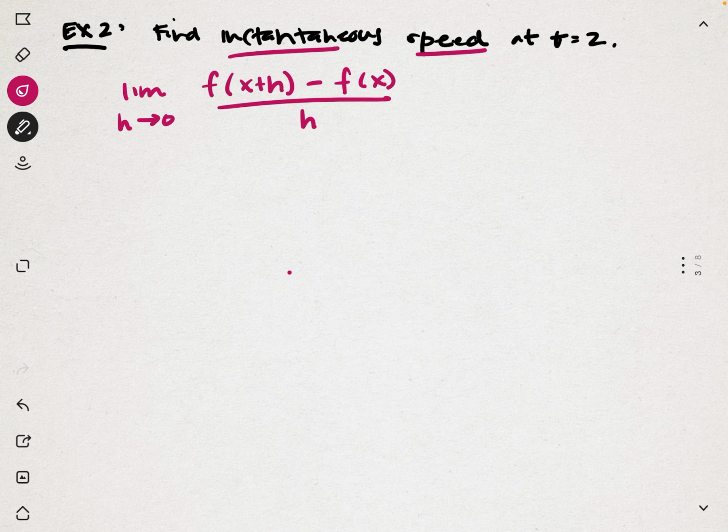All right, so this seems a little bit weird, right? Now, how is this related to our average rate of change, and why are we finding the limit as we approach 0?